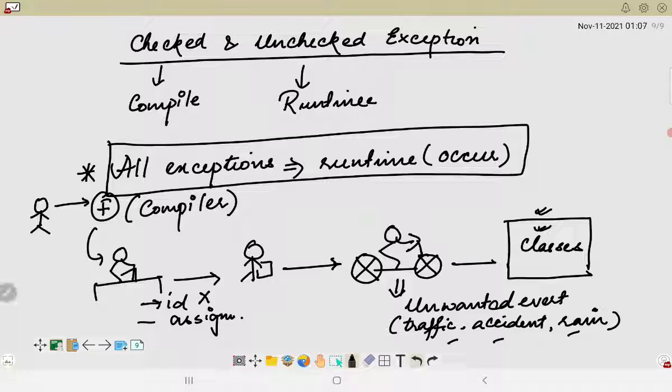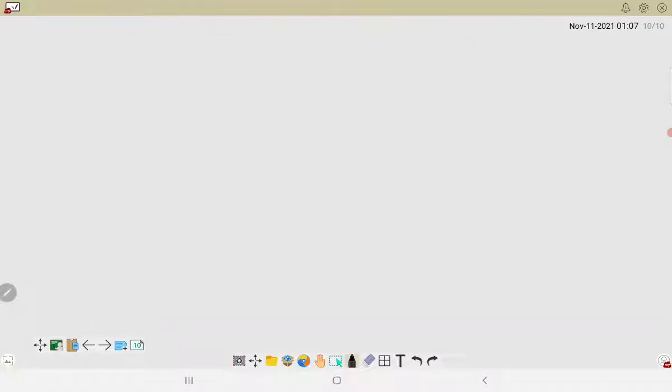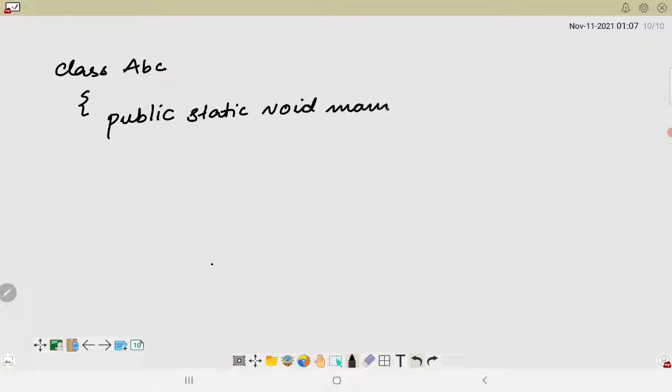Okay, now let us look into an example. First I have a class, let's say ABC, and this class has a main method, public static void main, String arguments.